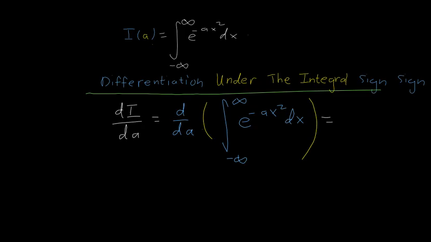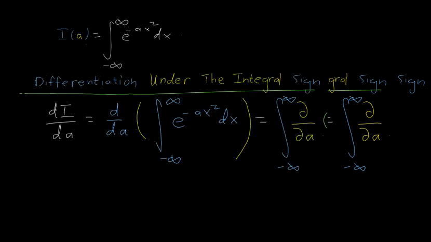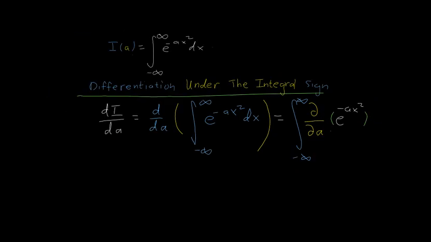So then it becomes the integral from minus infinity to infinity of d/da of e to the negative ax squared dx. We just replace it with a partial derivative with respect to a.